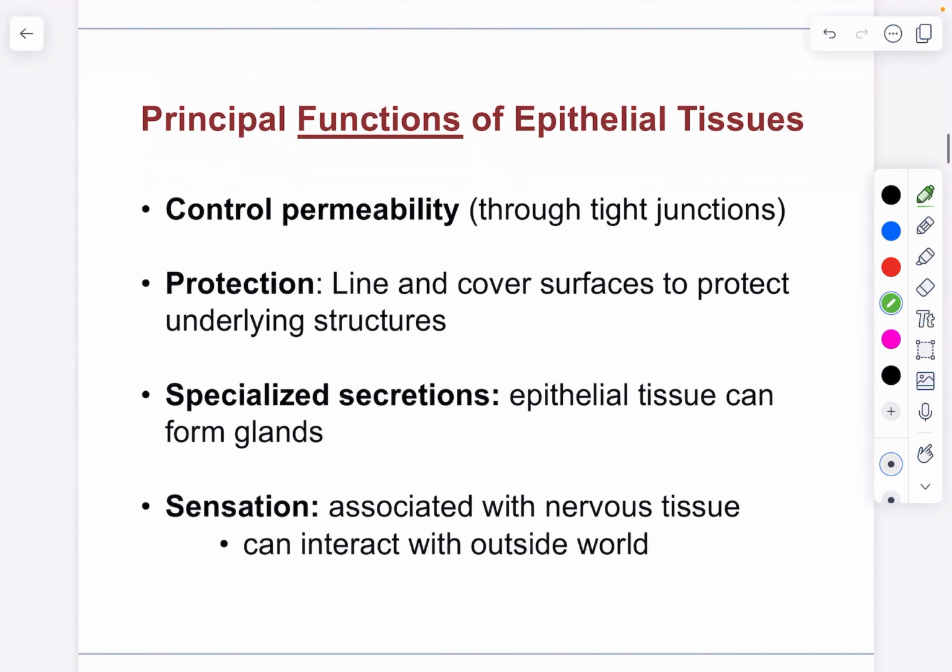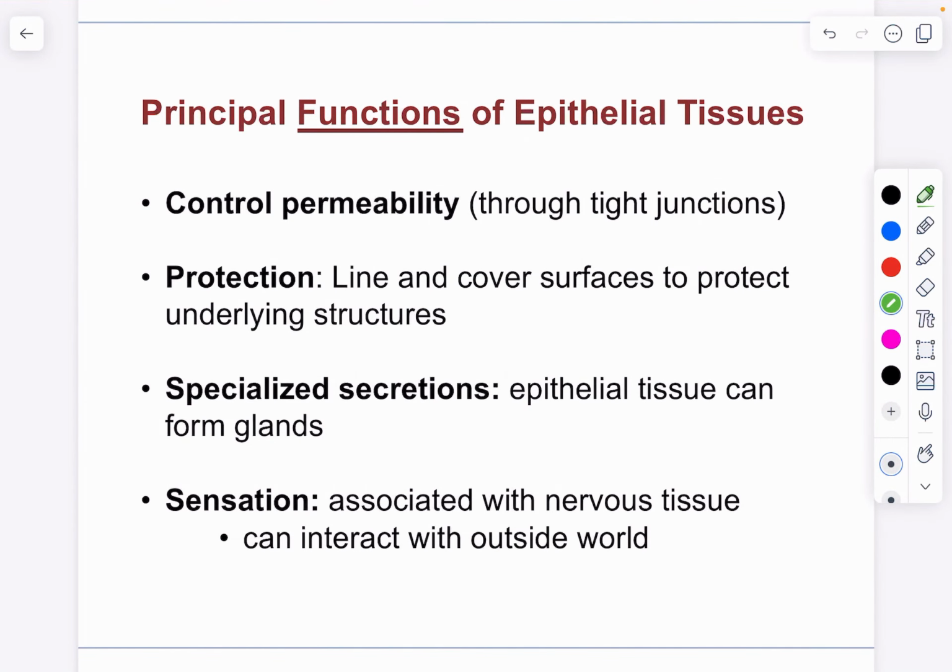There are a couple of principal functions that epithelial tissue does. The first, again, I touched on this already, is to control permeability. And it does this through the actions of tight junctions. Epithelial tissue also plays a role in protection because it lines and covers surfaces to protect the underlying structures.